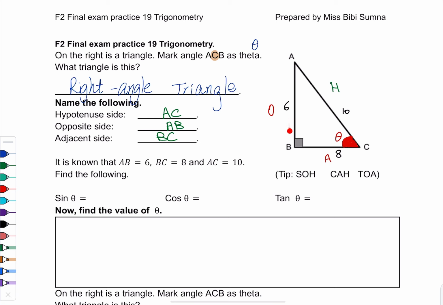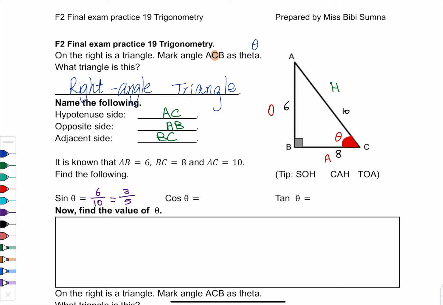O is 6 here. How about H? It is 10 here. So when you write sin theta, it will be 6 over 10. Can they be further simplified? Can they be divided by something? They are even numbers, so they can be divided by 2. After dividing by 2, you're left with 3 over 5. Or you can click calculator, 6 over 10.